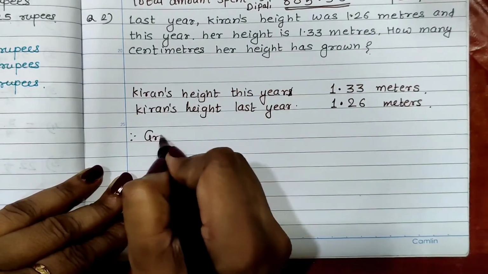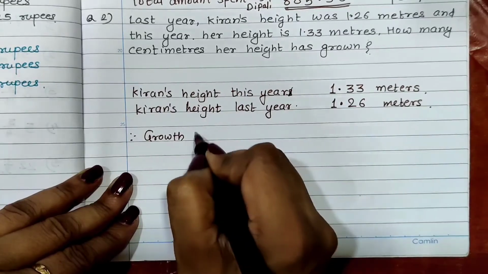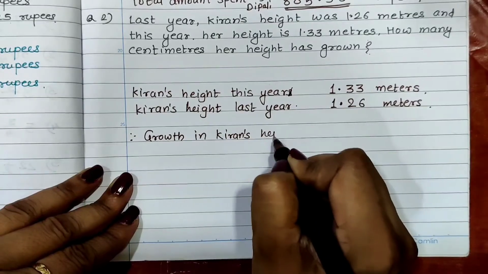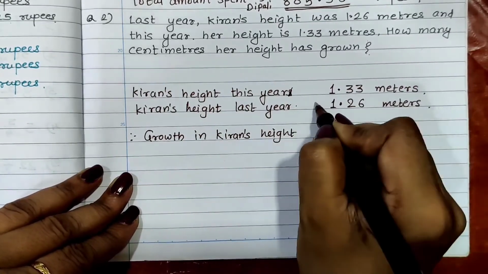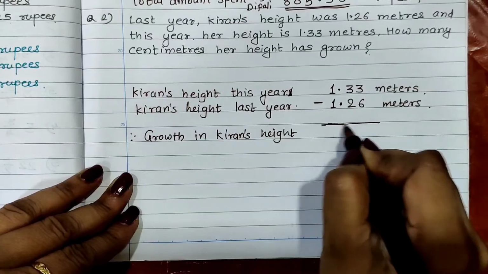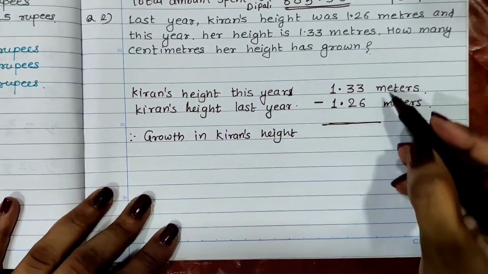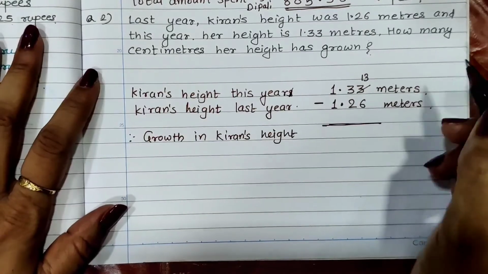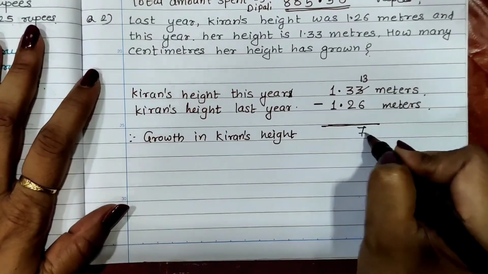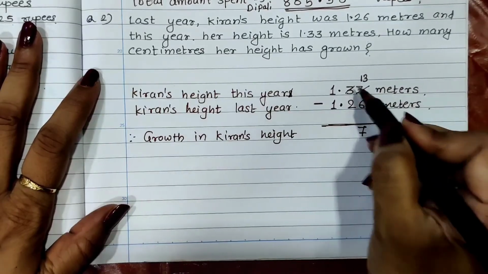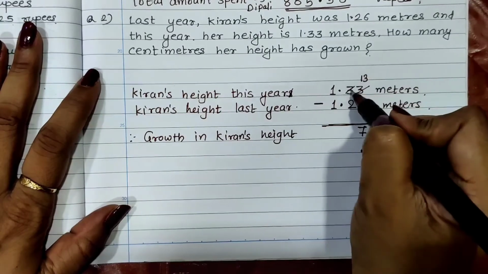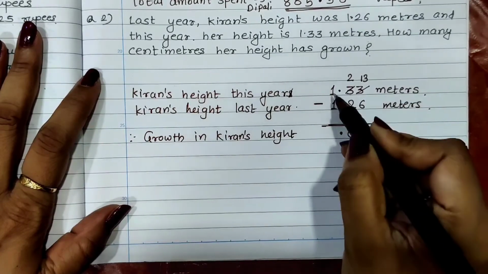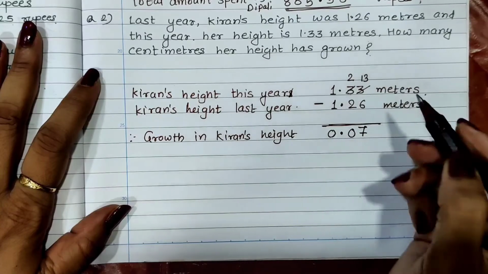Therefore, growth in Kiran's height. What we have to do? Subtraction. Now 3 minus 6 cannot be done, so we have to write 13 here. 13 minus 6, what is the answer? 7, correct? Now we have borrowed 1 from this 3 for 13, so 3 will become 2. 2 minus 2 is 0. Point is there, 1 minus 1 is 0 again.